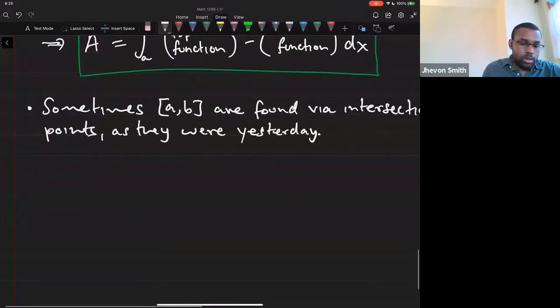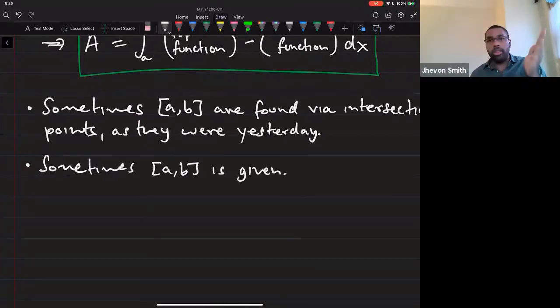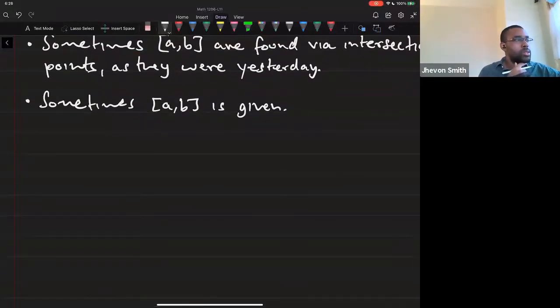And sometimes [a, b] is given. So I can just tell you flat out, I want the area between these curves on this interval, or I can say, oh, just find the area between the curves, and then you just want to find the natural place where you have an area stuck between both of them. And you can find that by using intersections. So what else do I want to do?